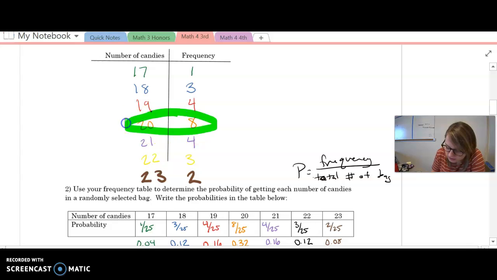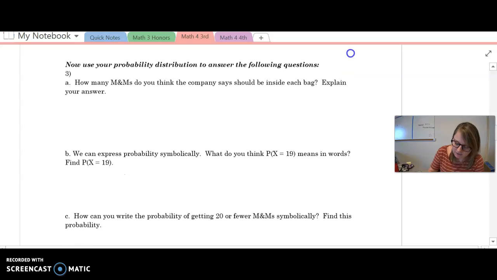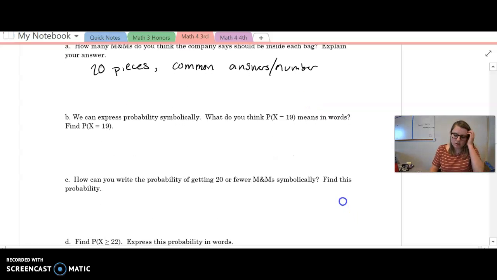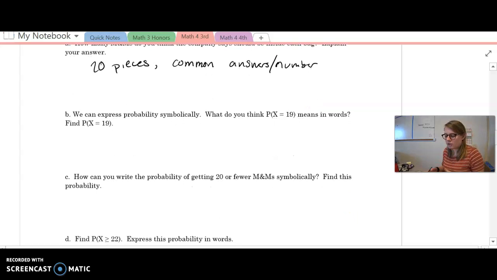So we got 20 pieces of candy the most. So we should say for the company that the customer is going to get 20 pieces of candy, and that's because it's the most common number.